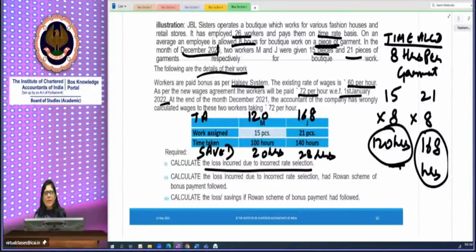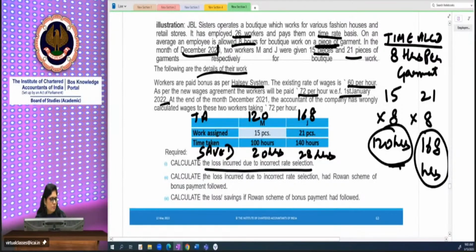First you calculate as per 72, then you calculate as per 60, and then you take the difference and you will calculate the loss. Or the second way, the excess rate charged is 12 rupees. So you can directly calculate with the difference of 12 per hour also. It will directly give you the loss incurred. All right.